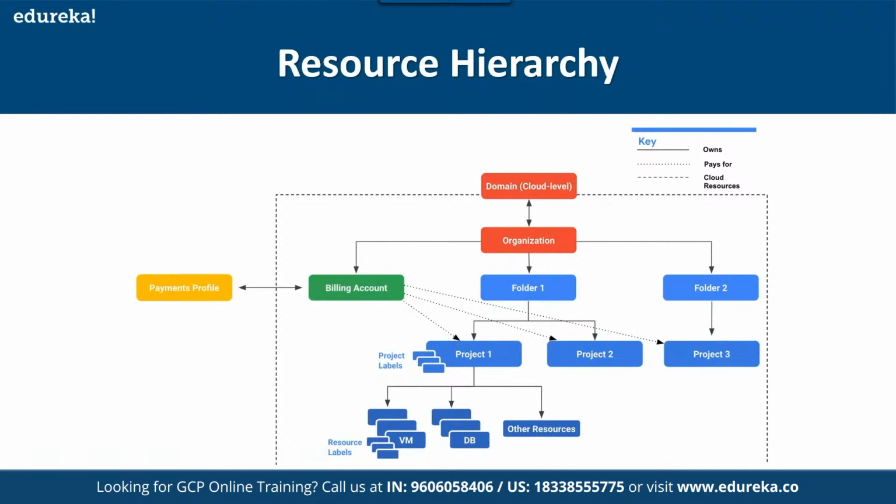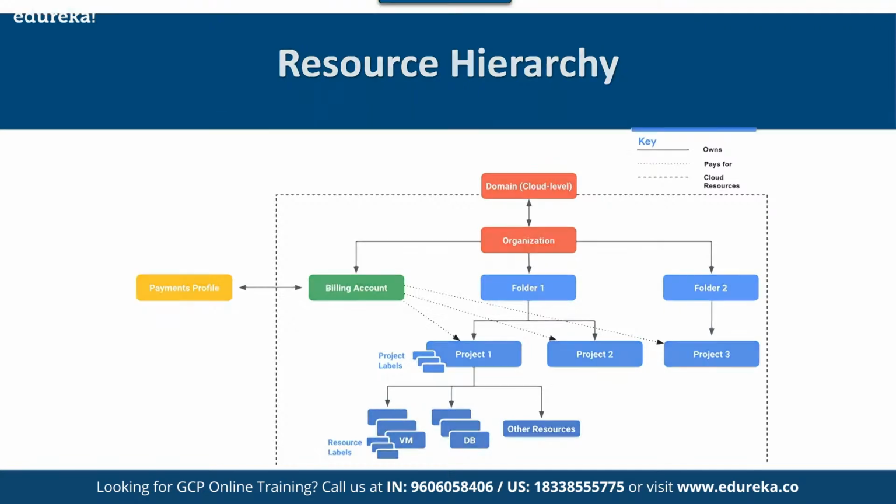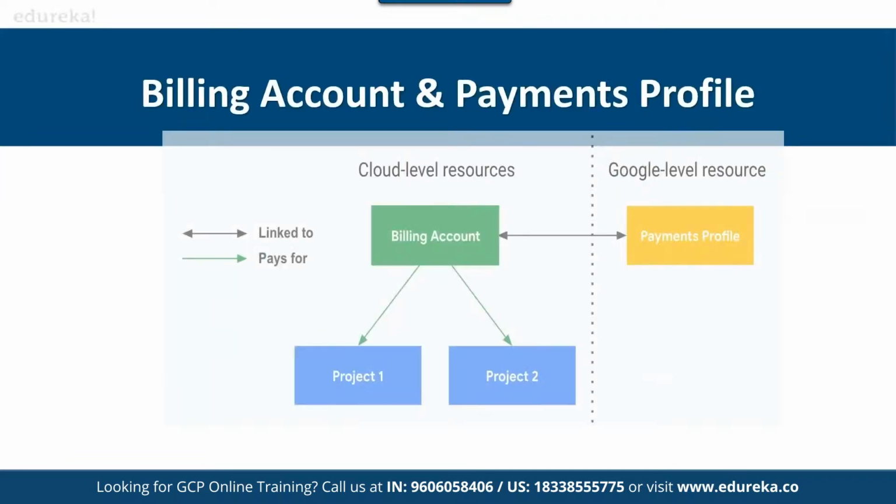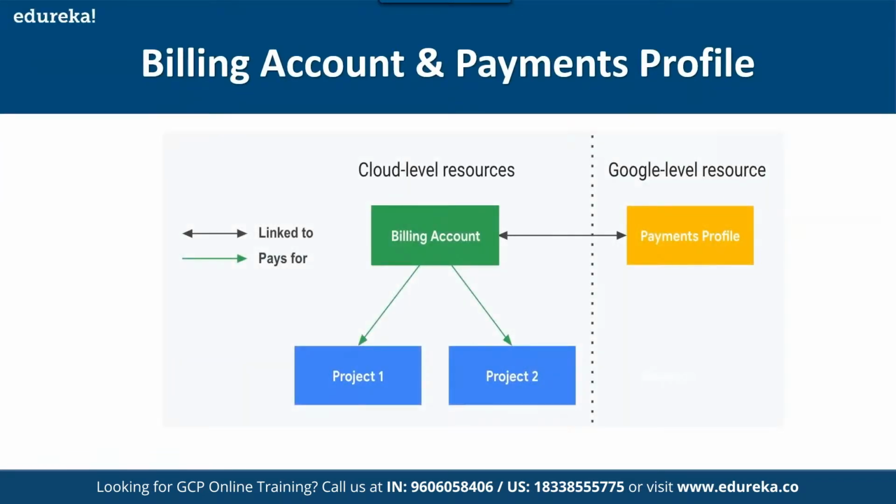Now let's talk about billing account and payment profile. So what exactly is a billing account? Before I explain this diagram, a cloud billing account is set up in the Google account, and the end goal of having this is to define who pays for a given set of Google Cloud resources.